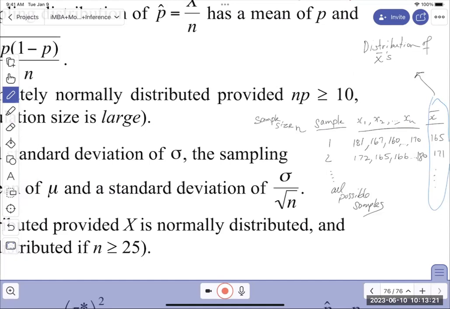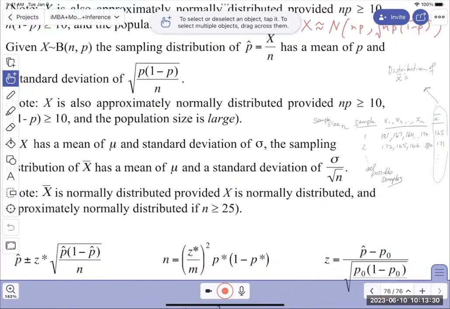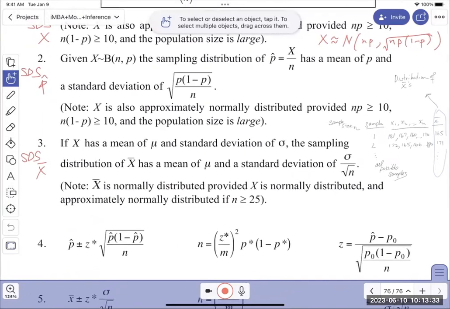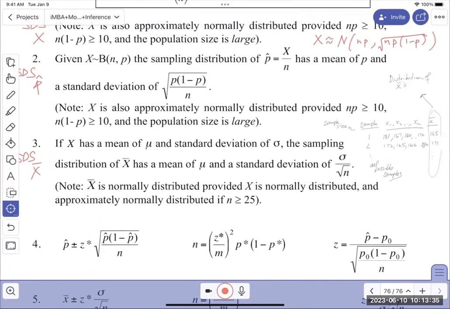Okay, so that's the answer. So the answer is the next bullet, number 3. If X has a mean mu and a standard deviation sigma, now notice I didn't say anything about the shape yet. So if you begin with blood pressure readings for a person, and you know their population mean blood pressure reading and the standard deviation of those, then the sampling distribution of the sample means will have the same mean.